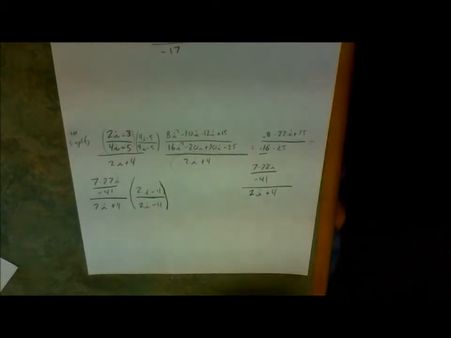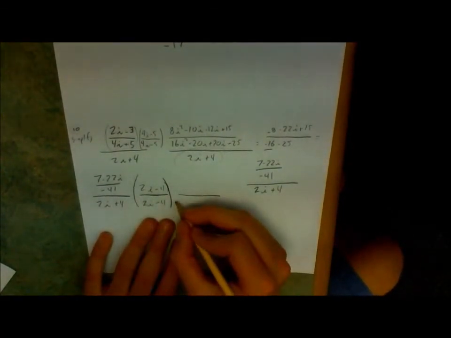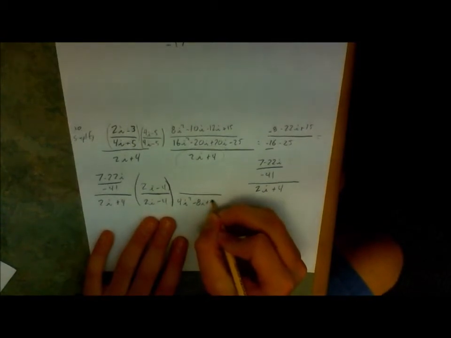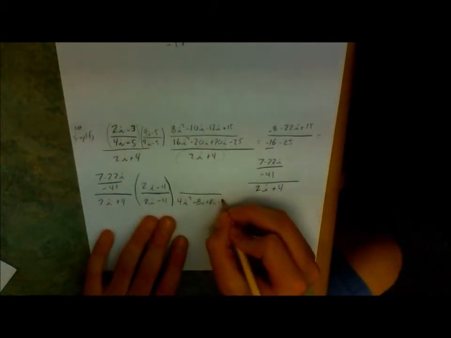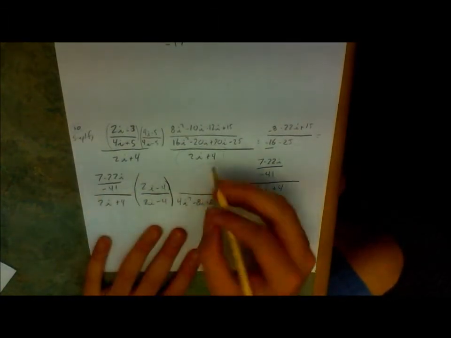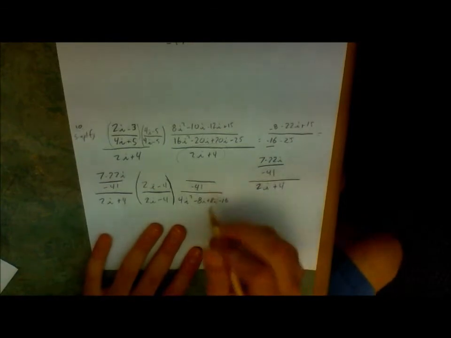So now we should multiply. Start with the denominator. 4i squared minus 8i plus 8i minus 16. And in the numerator, we could say it's all over negative 41.